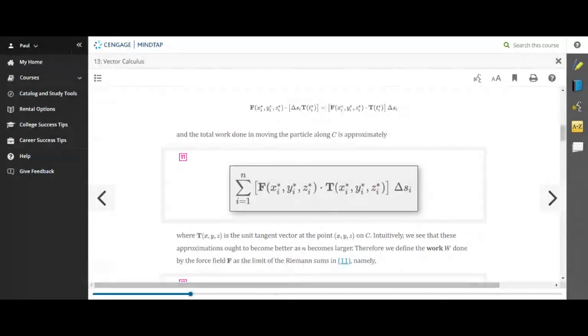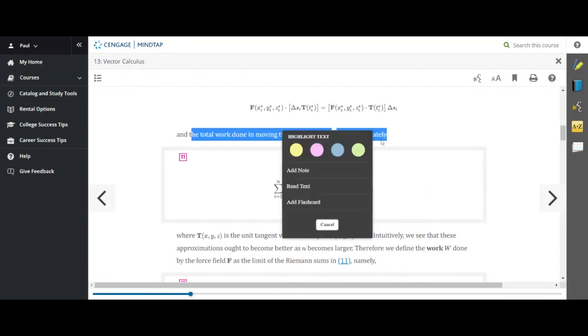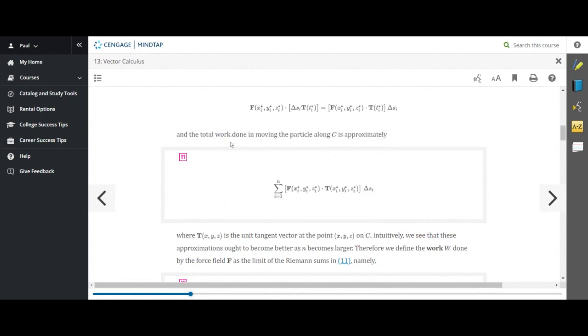As you let n go to infinity, the summation is going to equal a line integral with respect to arc length, and that will give you the total work done.